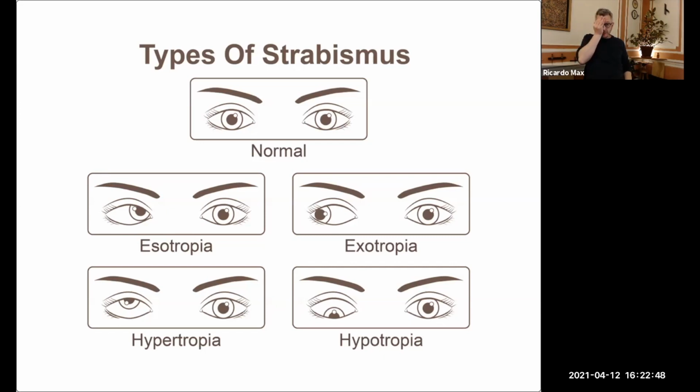The patch closes the good eye, so it forces the system to use the bad eye. When it's not corrected, it can end up in amblyopia, which is a developmental deficiency that is usually caused by a muscular problem, and the system fails to learn during the critical stage to fuse these two images. They are too disparate.